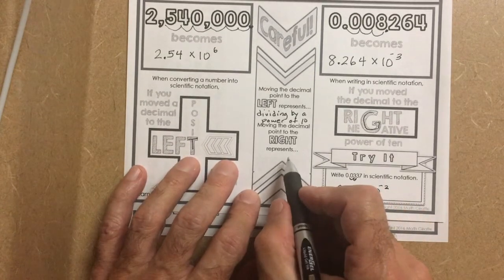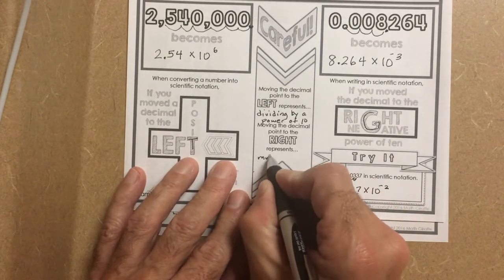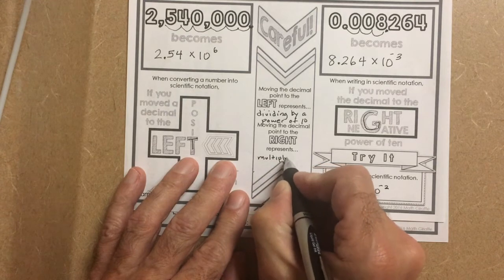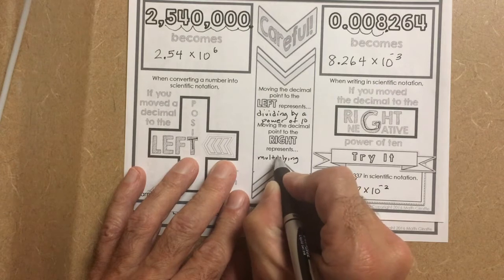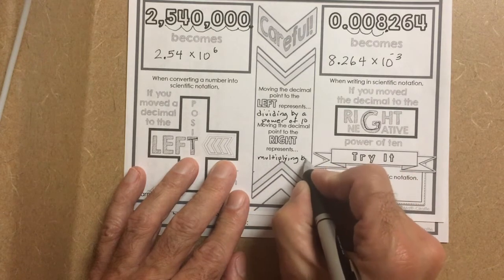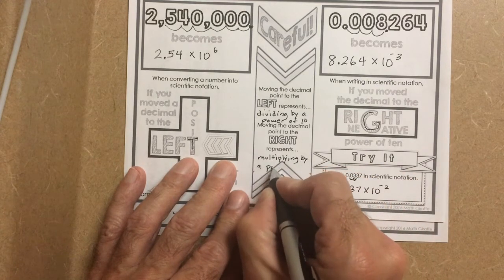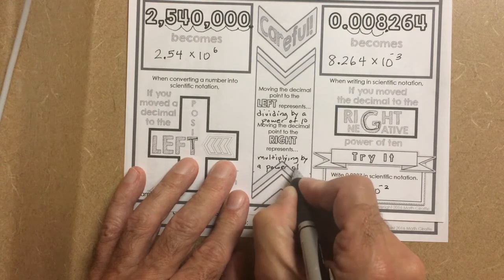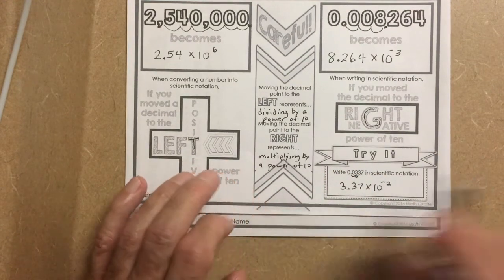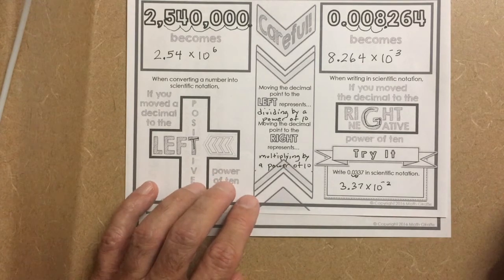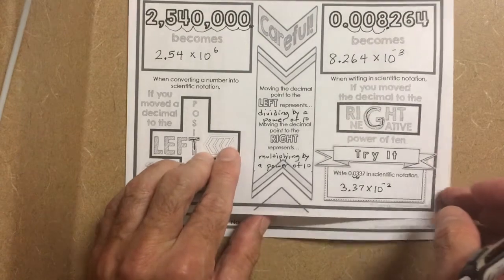If you're moving it to the right, then you're multiplying, multiplying by a power of 10. So positive exponent, multiplying by 10; negative exponent, dividing by 10. That's what makes the decimal move back.